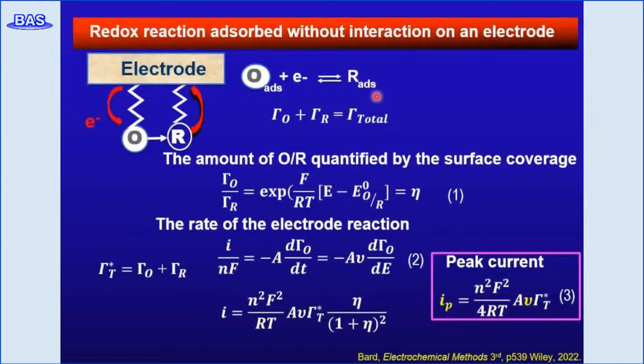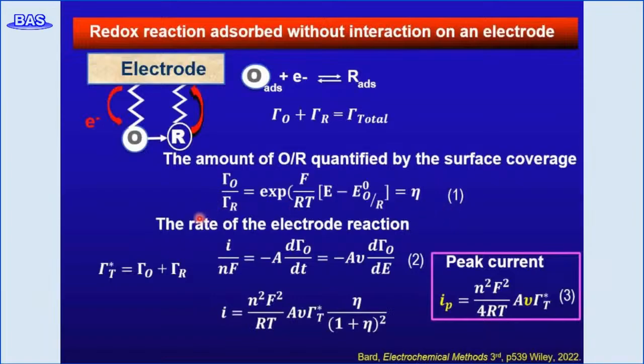In other words, the amount of oxidized and reduced species coverage on the electrode surface corresponds to the concentration ratios in the Nernst equation. So the concentration ratios of oxidized and reduced species change with applied voltage.